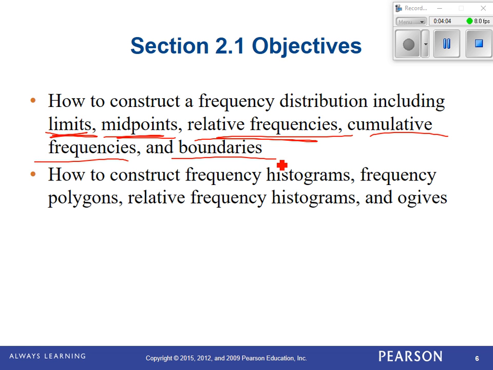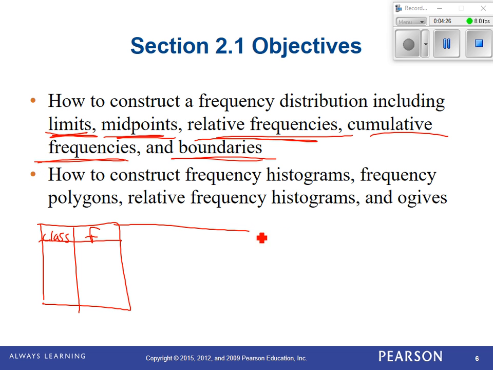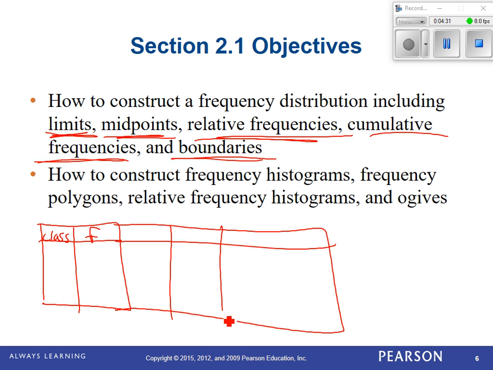A frequency distribution normally has two columns: the first one is classes, and then you have f, which is your frequency, how often each thing occurs. Then all these other things that I underlined up here, we could put in, like our relative frequency. If you start putting all this other stuff in there, then it's called an expanded frequency distribution.